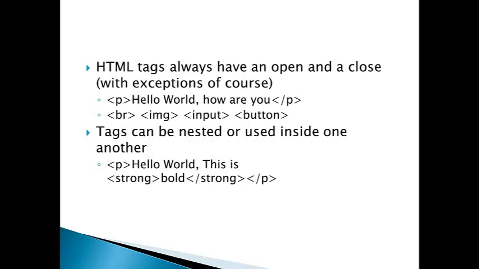We could write an article here, something like that. But those are going to appear as just standard plain text. And I typed in, hello world, how are you? And you can see at the very end, I use the same P tag, but there's a slash in there. That's basically telling the browser, hey, this is where this element stops. Okay, this is where the paragraph is going to end.